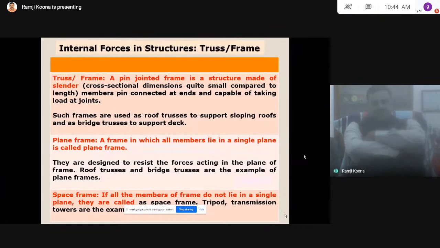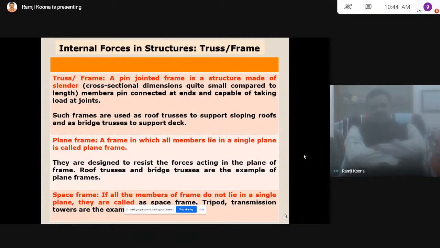So now let us see a few fundamentals regarding trusses and frames. A truss is nothing but a pin-jointed frame, a structure made of slender members of different cross-sections. Any cross-section, the choice is yours. But the fundamental principle is that the dimension of the cross-section should be very, very small compared to the length of the structure.